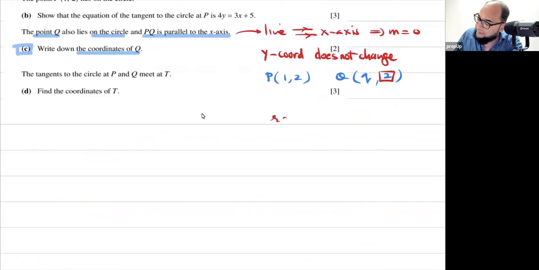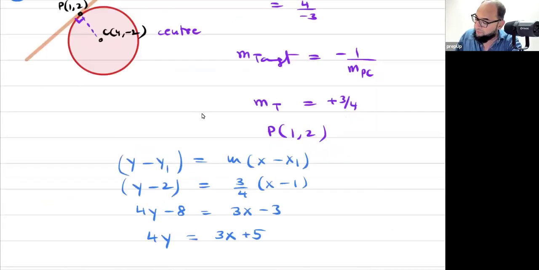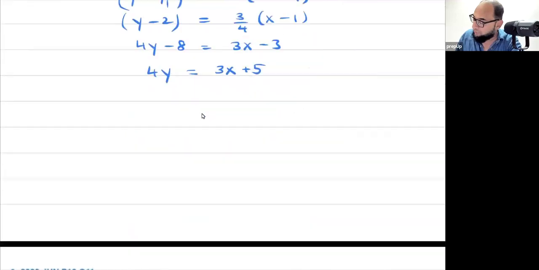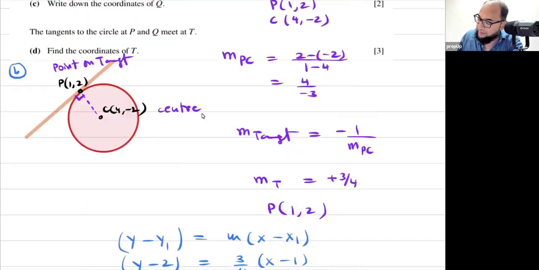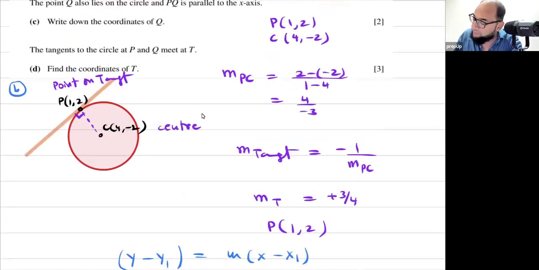Now, the radius is 5 units. The center of the circle is how much? The center of the circle is (4, -2). Now, let me just focus on this diagram. Over here, we have P. This is C. That means over here should be Q, right?